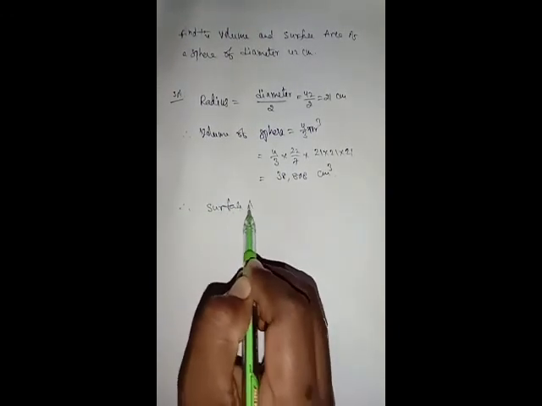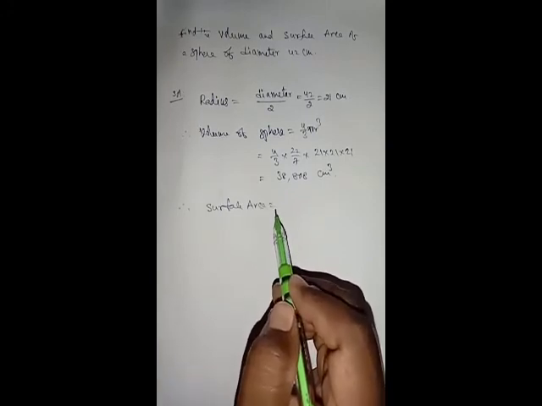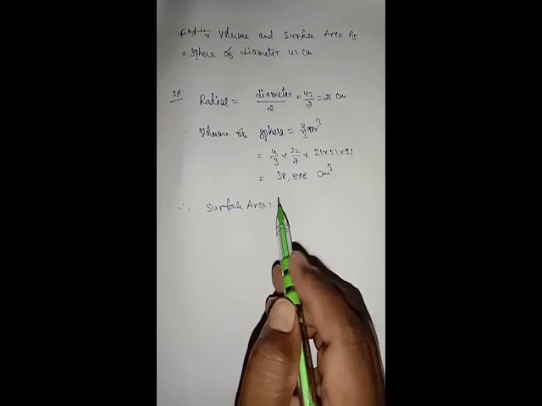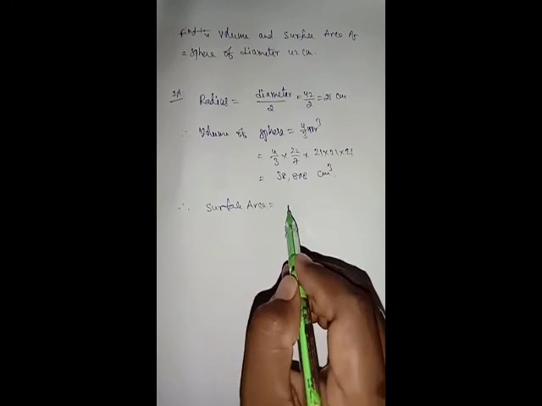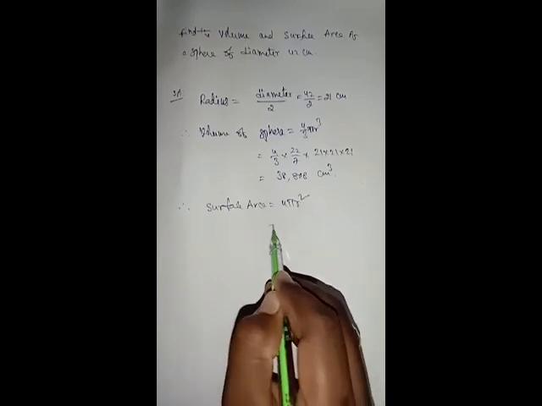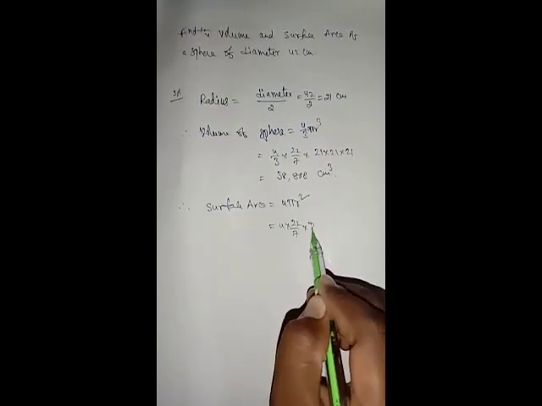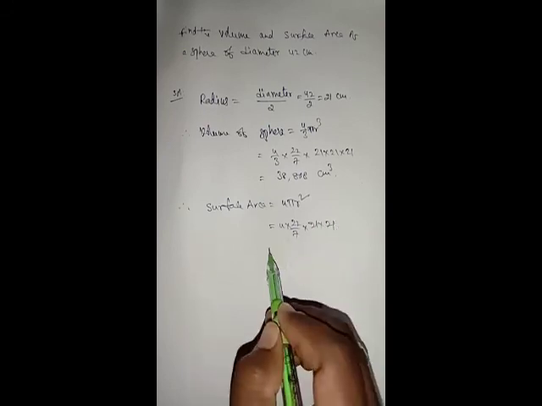And also we can find the surface area, because in the question they are asking for surface area and volume also. So what is the surface area of a sphere? 4 pi r square, 4 into 22 by 7 into 21 into 21.